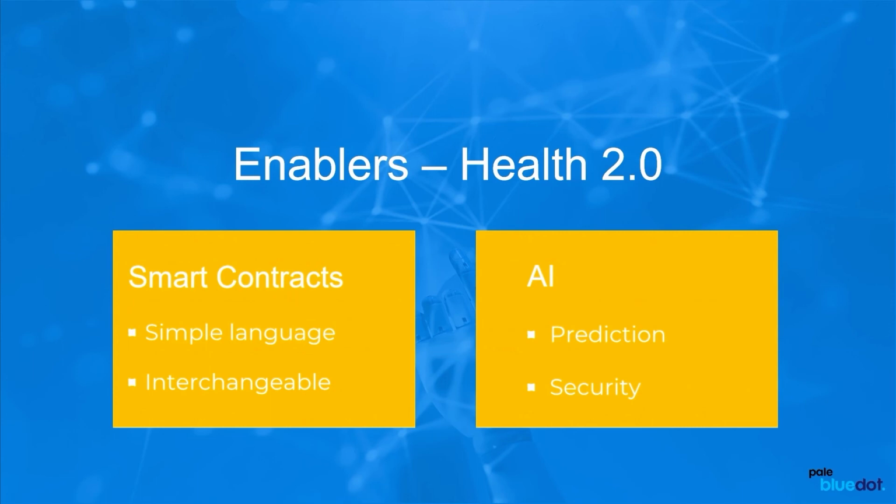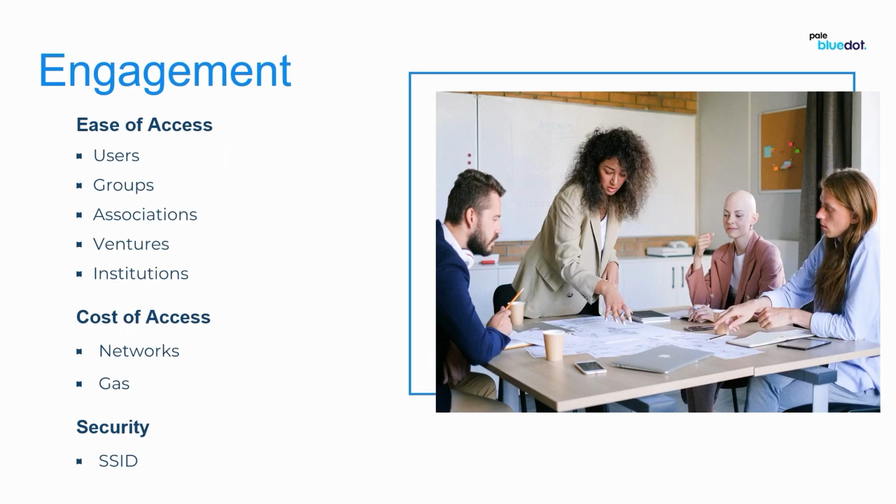And if we come down to the enablers, you can simply put it down to smart contracts and the use of AI for filtering, for prediction and for security, so that when we actually engage, we can engage at all levels, whether it's the user, the group, the association, or the venture, and that we can actually meet the cost of this, looking at self-sovereign identity.